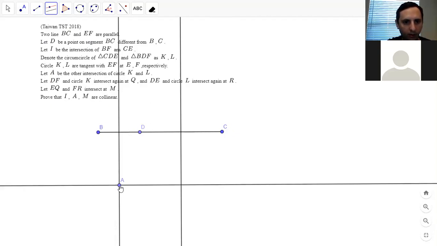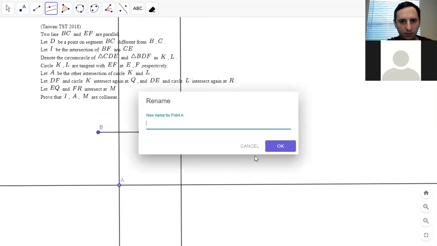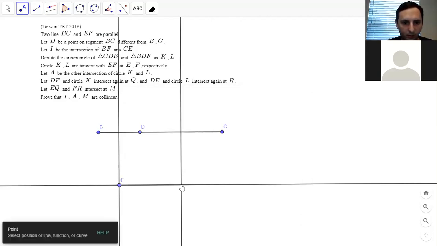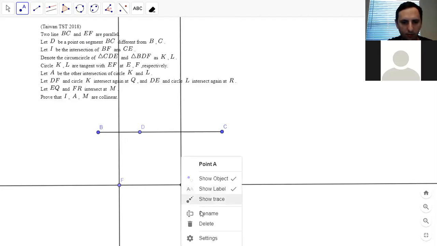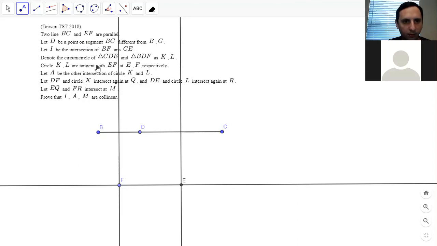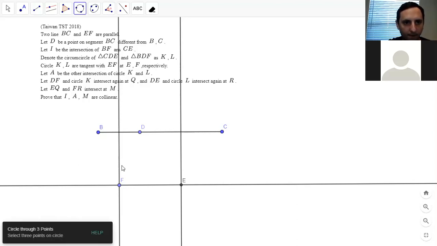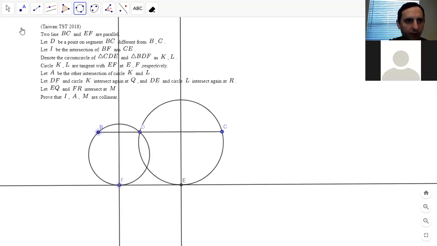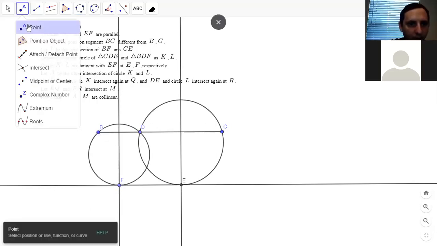Okay, so this is F and then this is E. And then we draw those two circles, CDE and BDF, and they intersect again at point A.